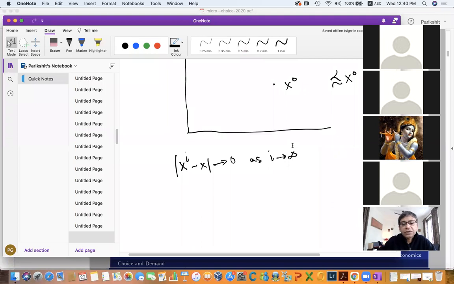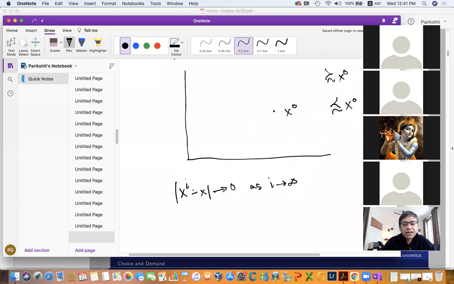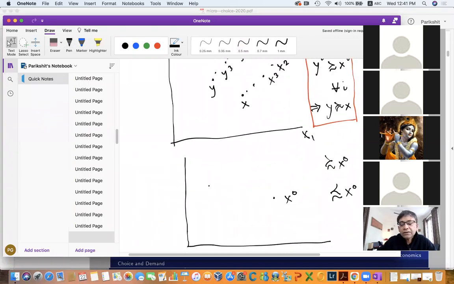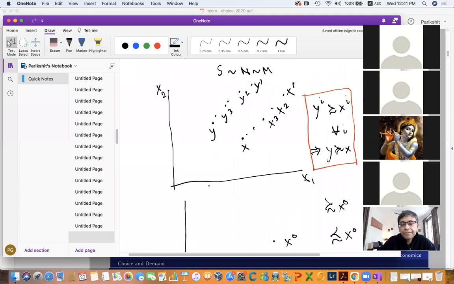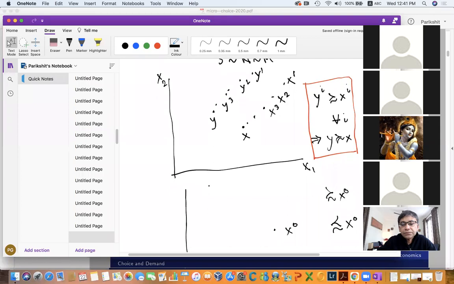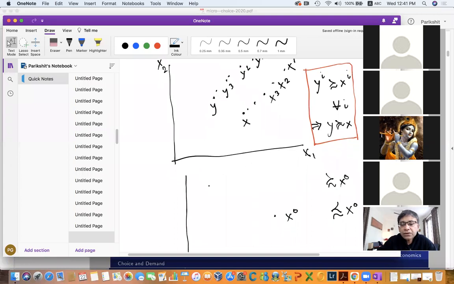That's a convergent sequence, and any point which has this property is called the limit point. So we are just saying that as i goes to infinity, x and xi are one and the same thing, approximately. So xi is getting arbitrarily close to x. That's right. Yes. Thank you, sir.